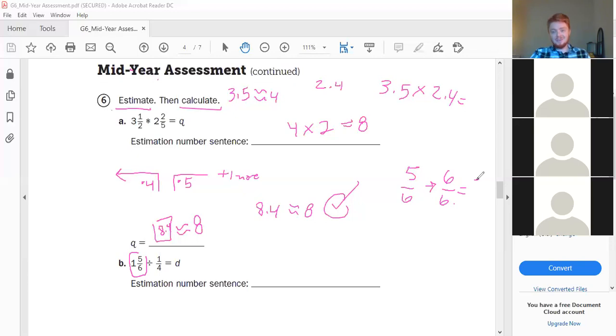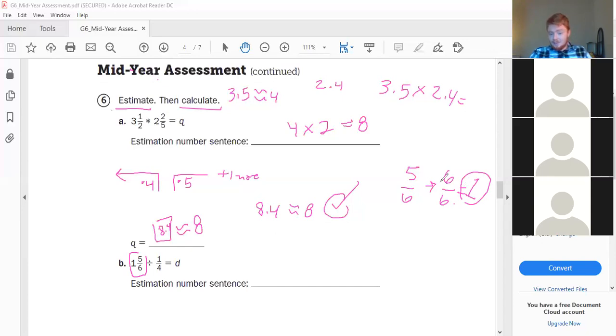Good. Good job. Yeah, guys, so any number over itself will always equal 1. 6 hot dogs over 6 hot dogs is 6 hot dogs, okay? So it's always going to equal itself, basically. So that's why it's always a 1.